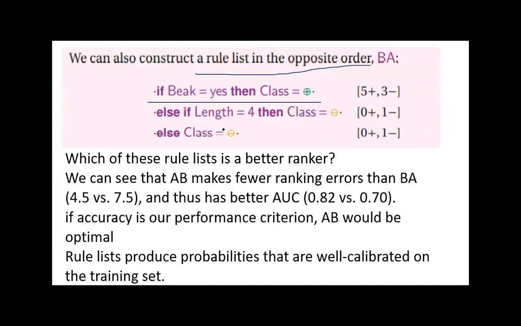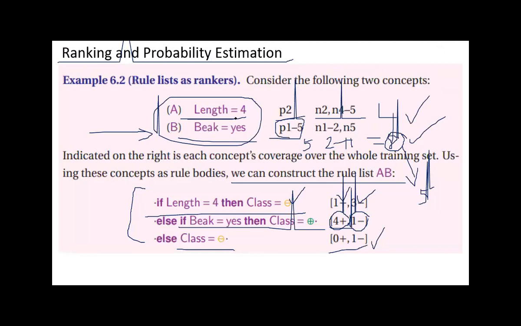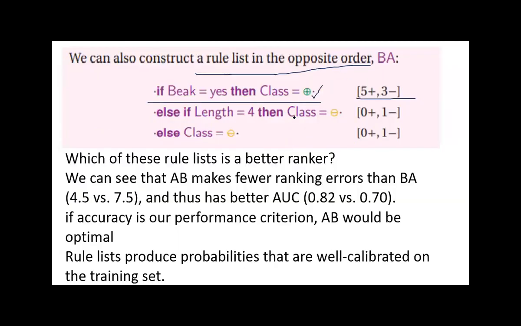We are saying that if bake is equal to yes, then class is equal to positive, 5 plus 3 minus. Else, if length is equal to 4, then class is negative. Else, class is negative.